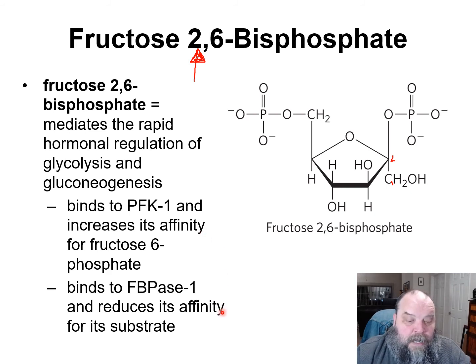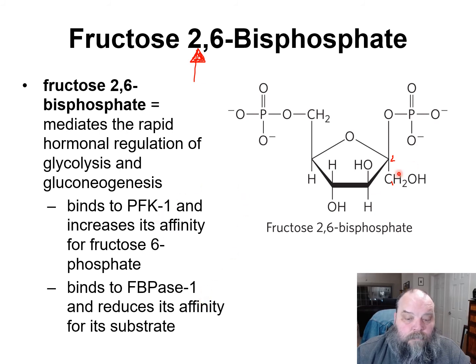On the flip side, it reduces the affinity of FBPase1. Remember, FBPase1 is the enzyme that takes fructose 1,6-bisphosphate and cuts off that phosphate group attached to carbon 1, releasing it as a free inorganic phosphate. Remember that non-reversible reaction?